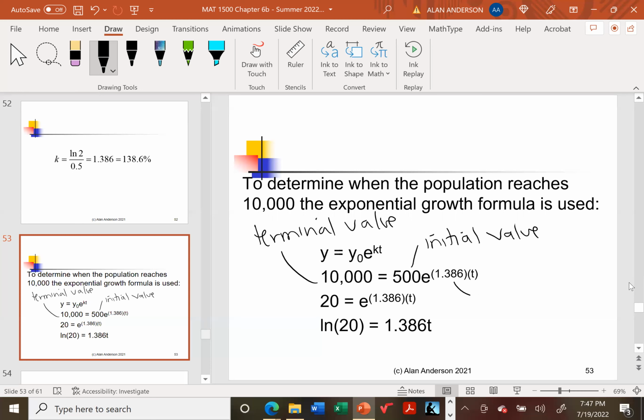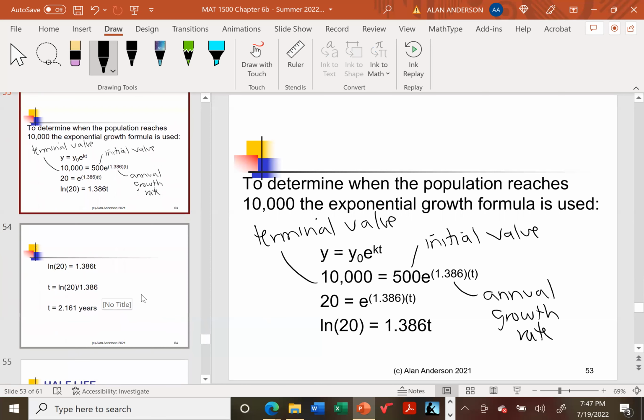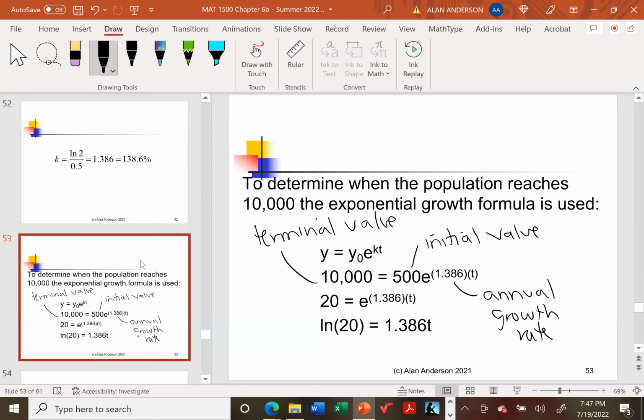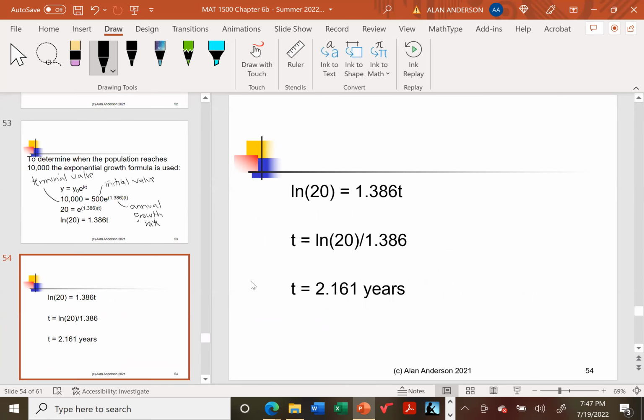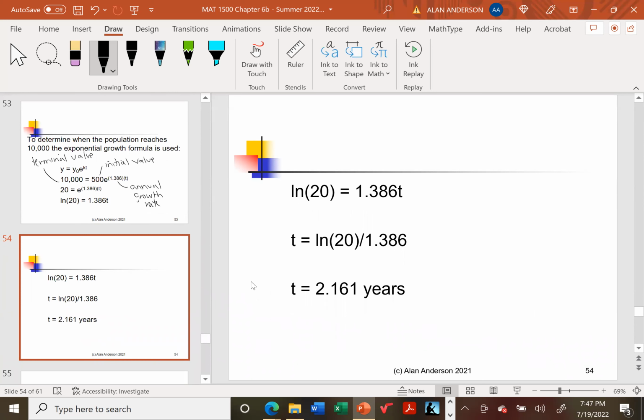And of course, this is the annual growth rate. Okay, so you plug in the numbers, you take the log of both sides, and you'll soon discover that the time required to reach 10,000 in our fish population is about 2.161 years.